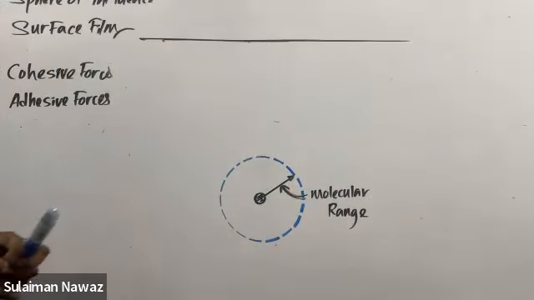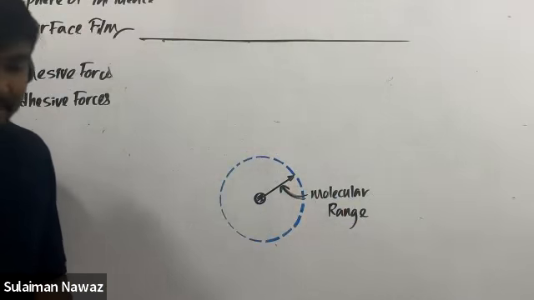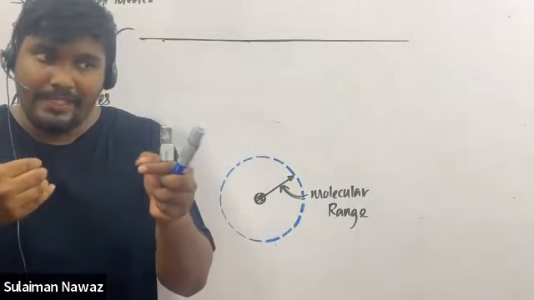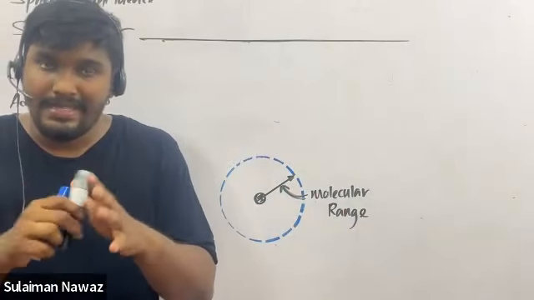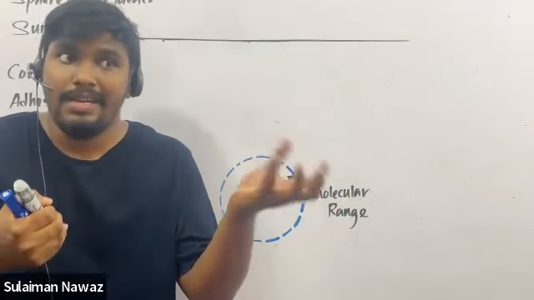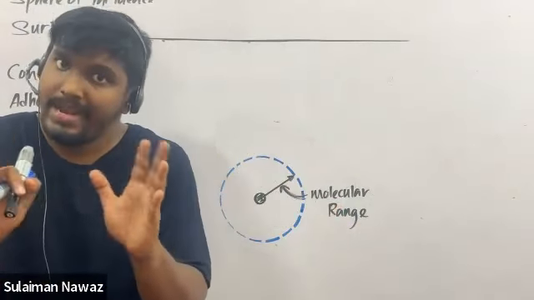And what is the sphere of influence? I just explained it: beyond that boundary, particles cannot make an impact, and inside that boundary, particles can make an impact.